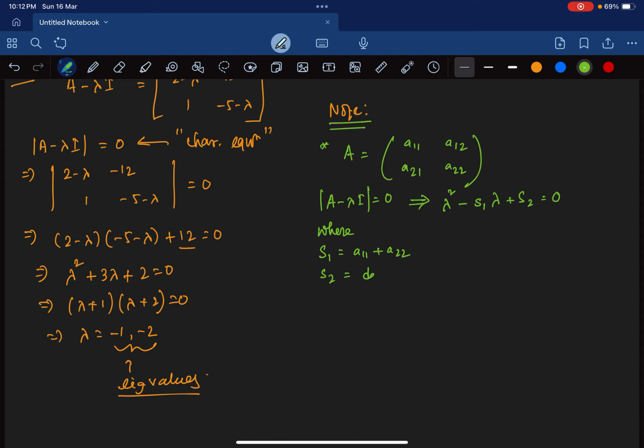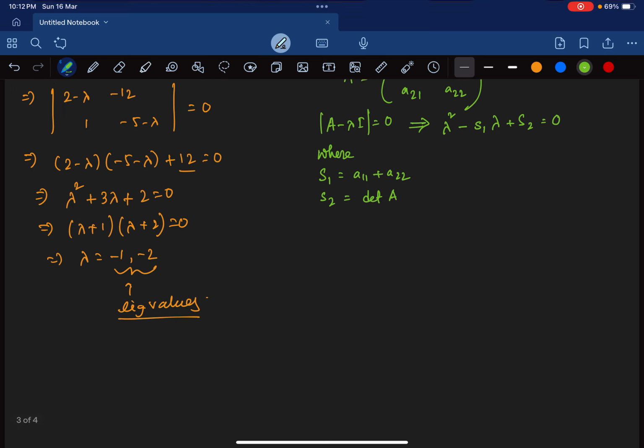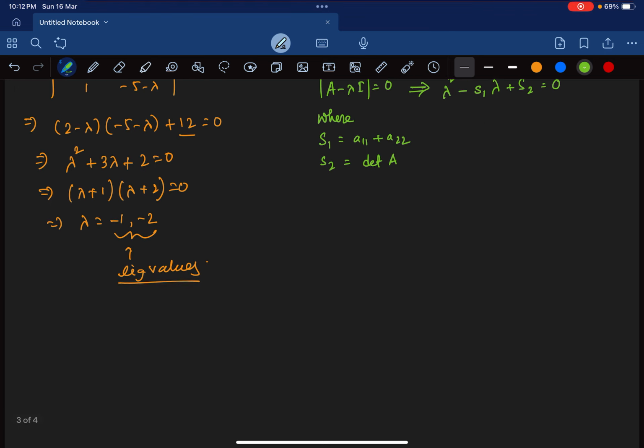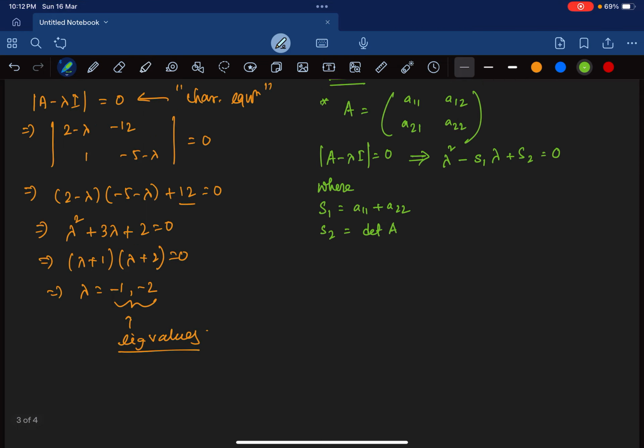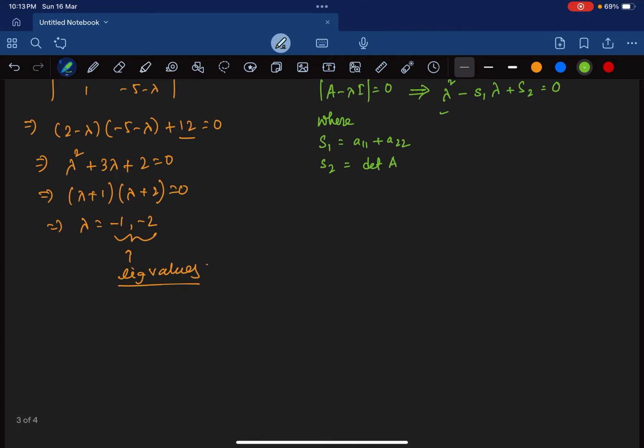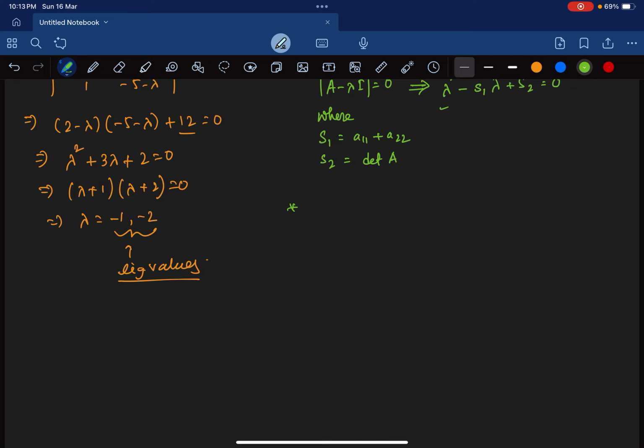And S2 is what? The determinant of A. This thing you should keep in mind. If it is a 2 cross 2 matrix, you can directly write lambda square minus S1, the sum of the principal diagonal entries, times lambda, plus the determinant.